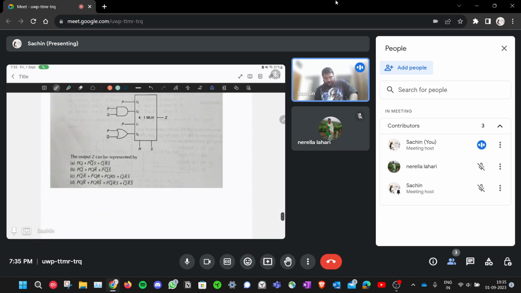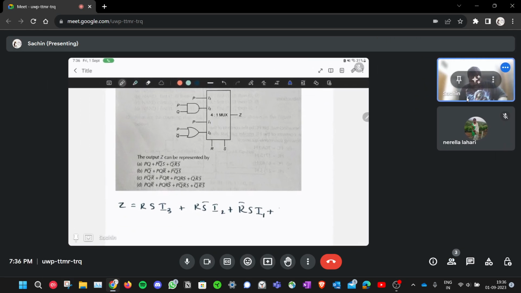As we had seen previously, Z is RS I3 plus RS bar I2 plus R bar S I1 plus R bar S bar I0.